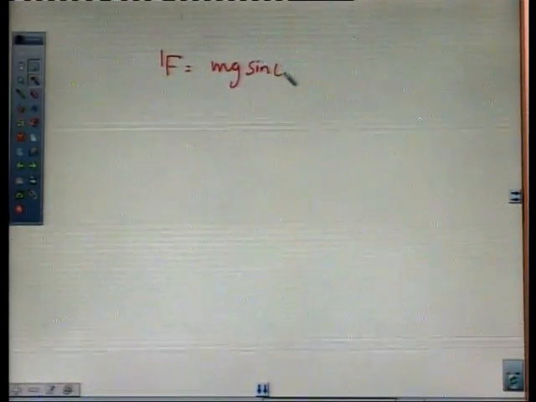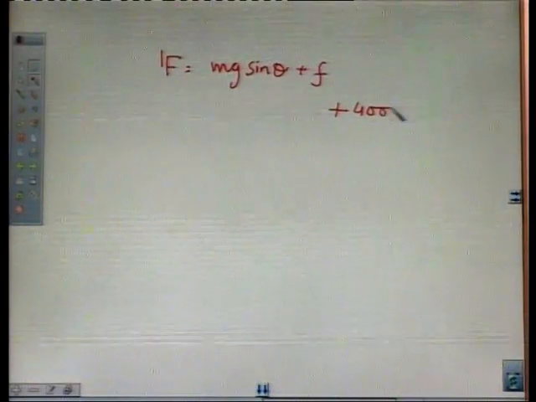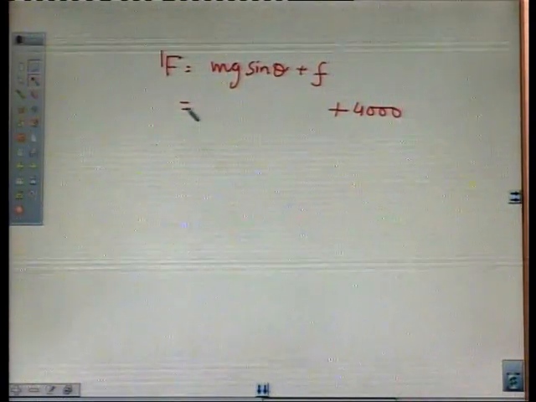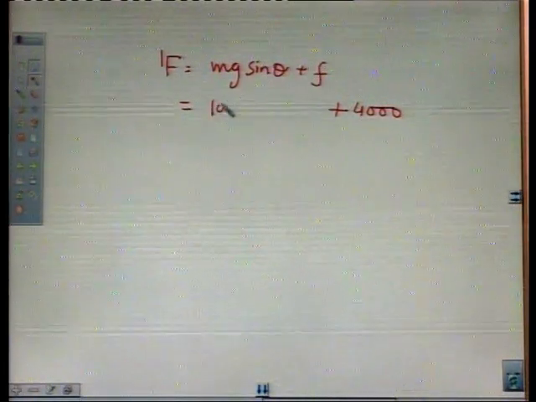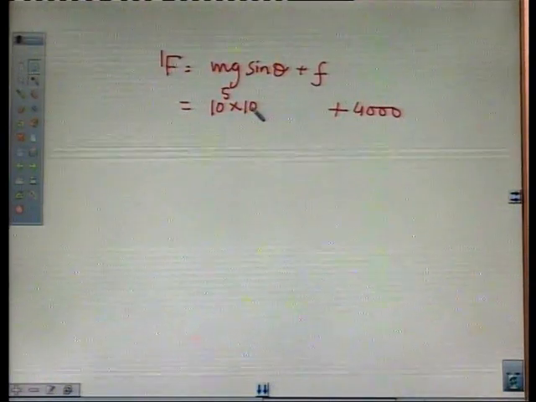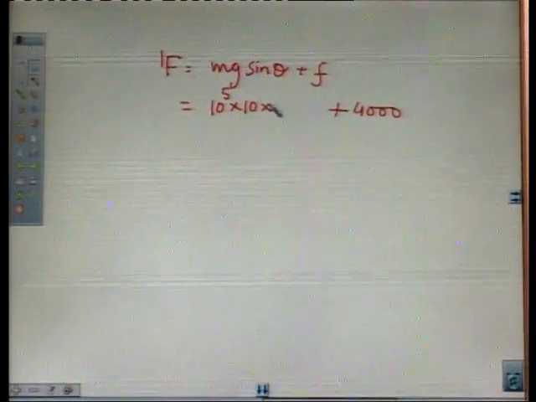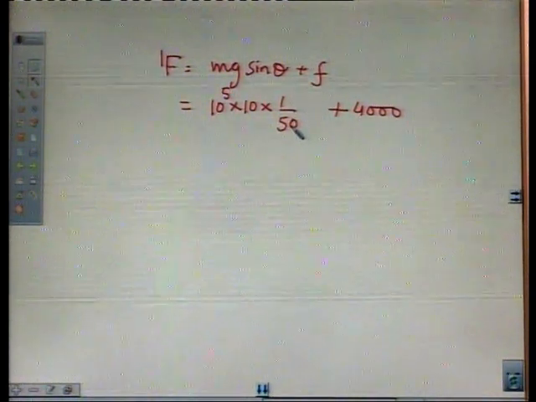So, the force that acts is mg sin theta plus frictional force. Frictional force we calculated as 4000 Newton. Mass is given to us as 10 to the power 5 kg. g we are taking as 10 meter per second square. Sin theta is 1 by 50.